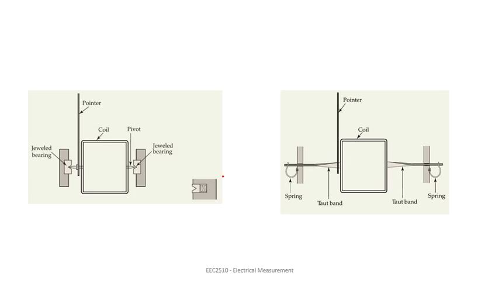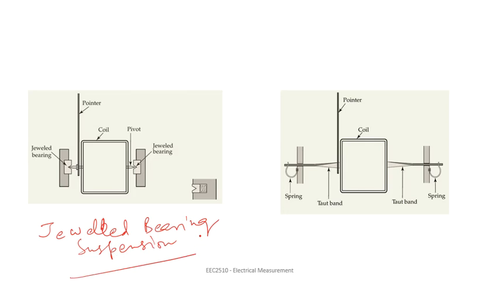The first one is called the jeweled bearing arrangement, so this is the jeweled bearing suspension, whereas the second figure describes the taut band suspension.